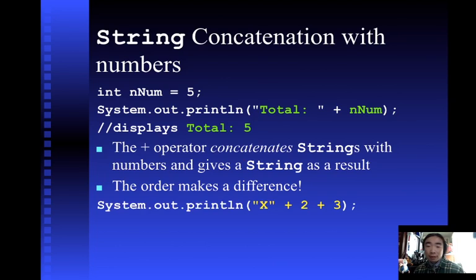Take a guess: "x" plus 2 plus 3. So you have a guess in your head. Let us see what gets outputted. What actually gets outputted is x, 2, 3. No spaces next to it. You're literally sticking them all together.